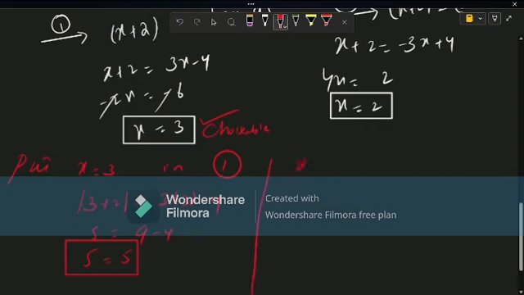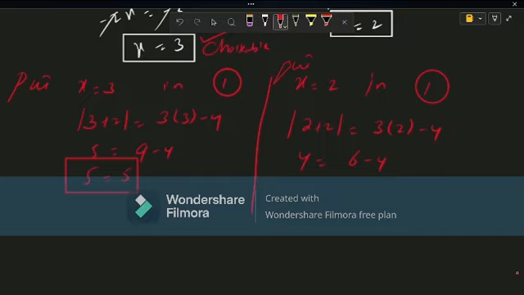Let's talk about the second one. The second one suggests that x is equals to 2. Put it in equation number 1. That gives you mod 2 plus 2, which is equals to 3 times 2 minus 4. 4 is equals to 6 minus 4, and 4 is equals to 2. This is not equal.